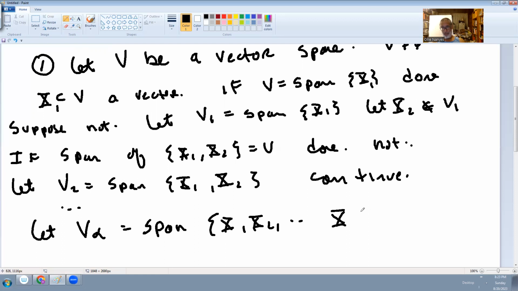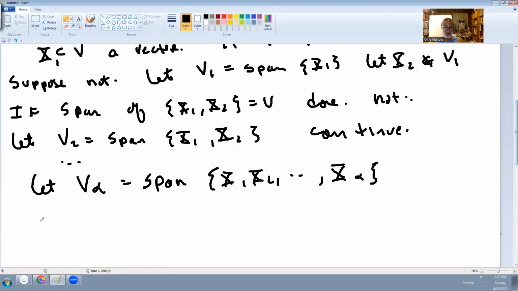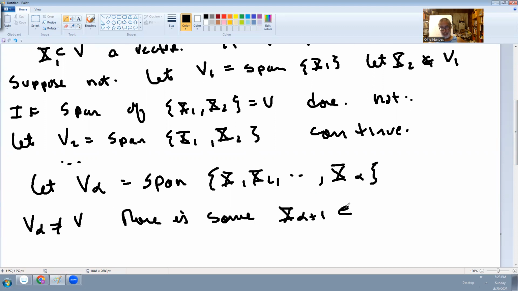And by the way, for the new students, yes, there's a way of well ordering this, but let V sub alpha be the span. And if V sub alpha is not equal to V, there is some X alpha plus 1 not in V sub alpha.